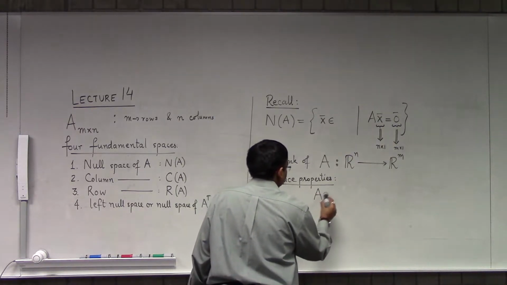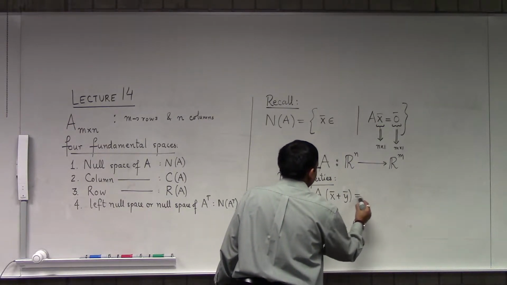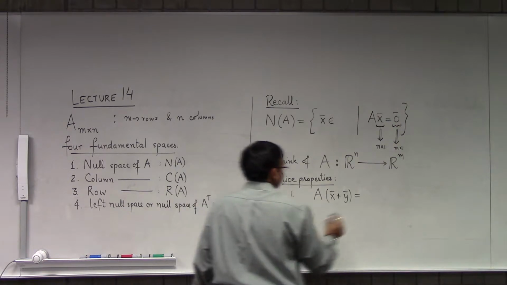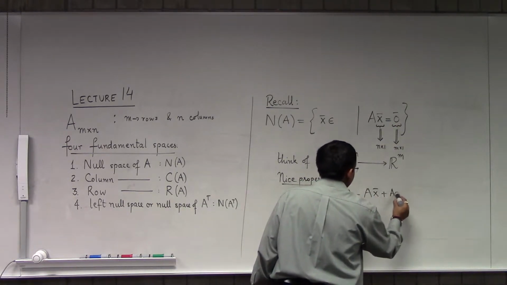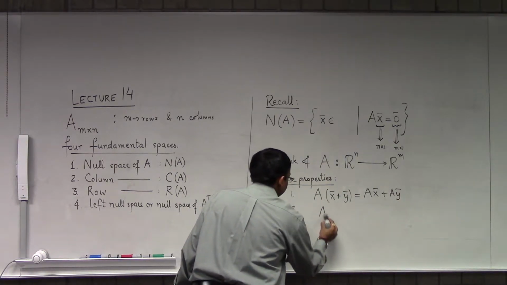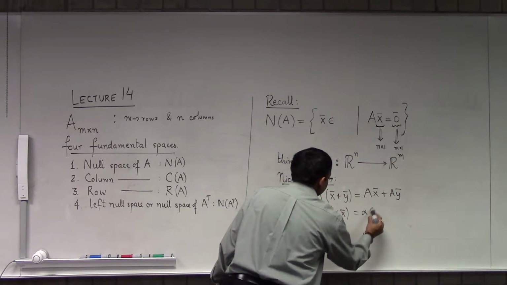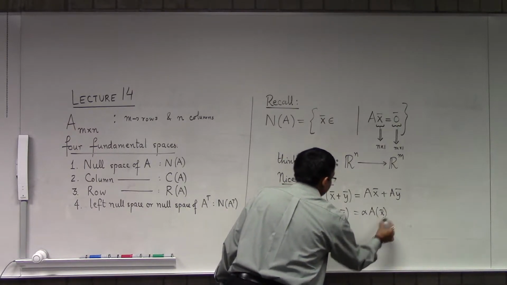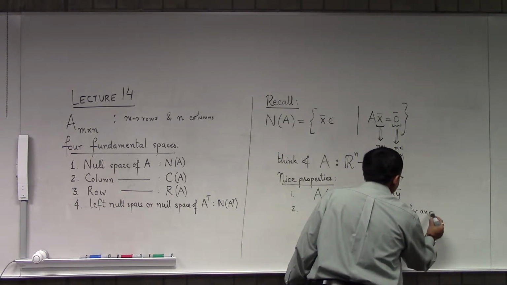We checked last time that it satisfies 2 things. A of x plus y is A of x plus A of y. The second thing it satisfies is A of alpha times x is alpha times A of x, for any scalar alpha.